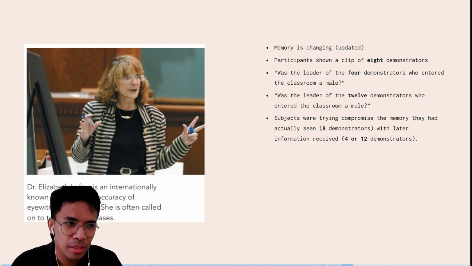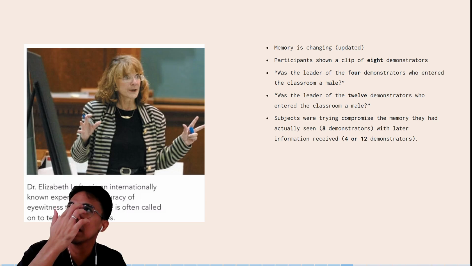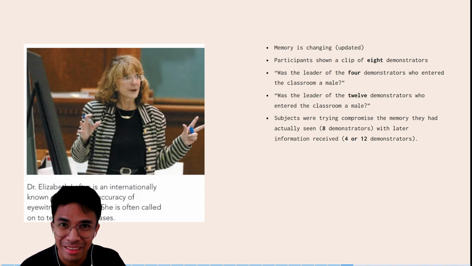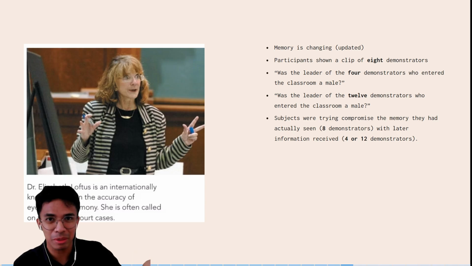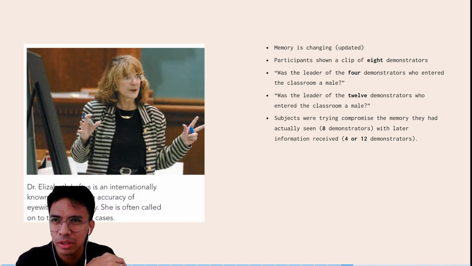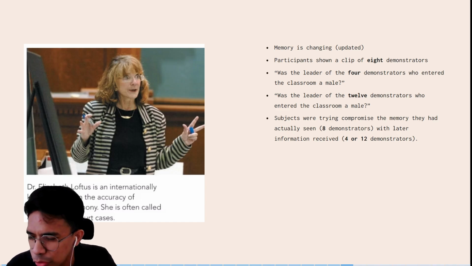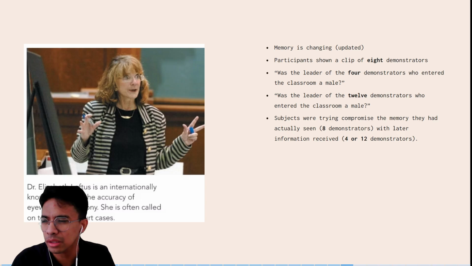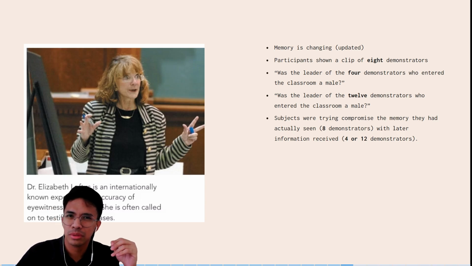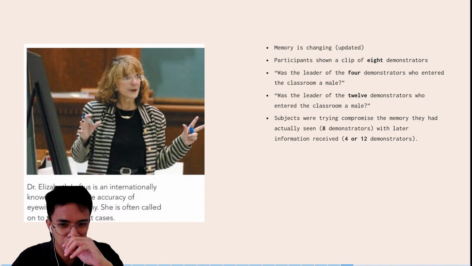Okay? And this is not necessarily malicious. Sometimes you're mistaken. Right? These people were probably just mistaken. Even though they saw 8 demonstrators, they were influenced by the question that was given to them, 4 demonstrators. Then they were asked a week later, how many demonstrators were in the video that was shown to you? Maybe 5 or 6. That's the idea.